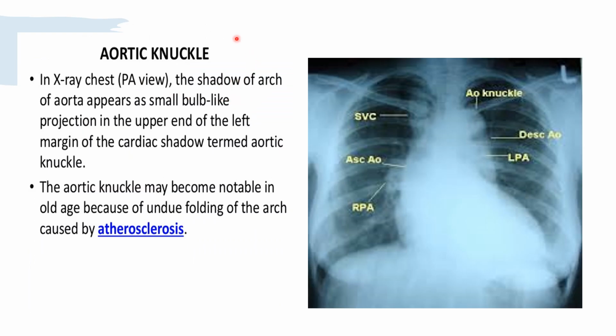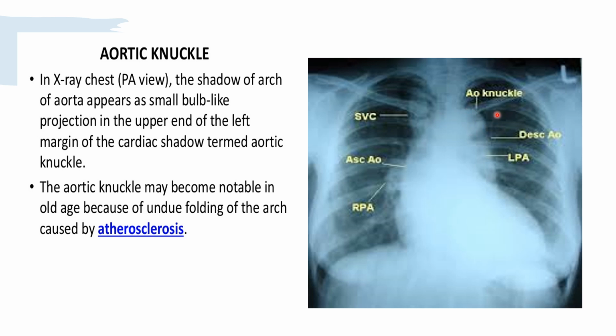Now coming to the applied anatomy related to the aorta: the aortic knuckle. In the X-ray chest PA view, posterior anterior view of the chest, the shadow of the arch of aorta appears as a small bulb-like projection in the upper end of the left margin of the cardiac shadow, termed the aortic knuckle.